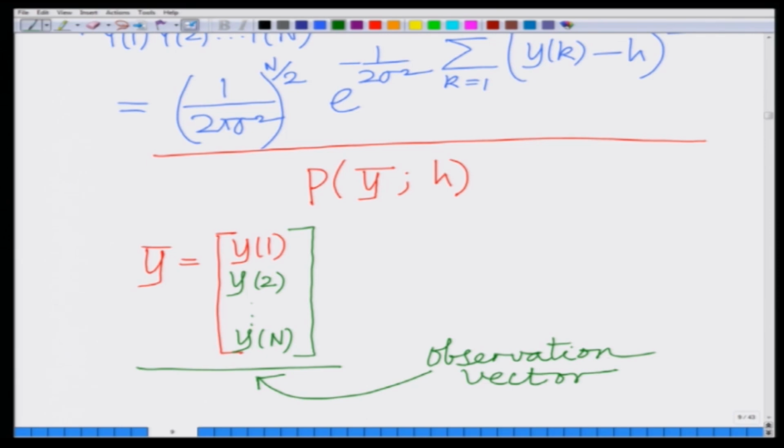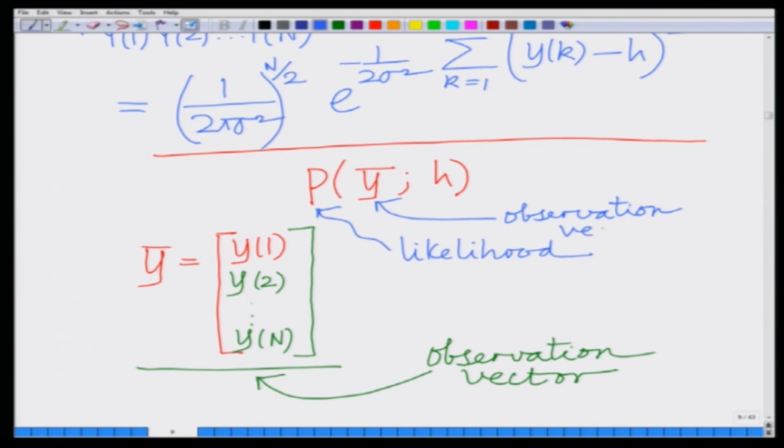And p of y bar; h denotes the likelihood function of the observation vector, parameterized by h.